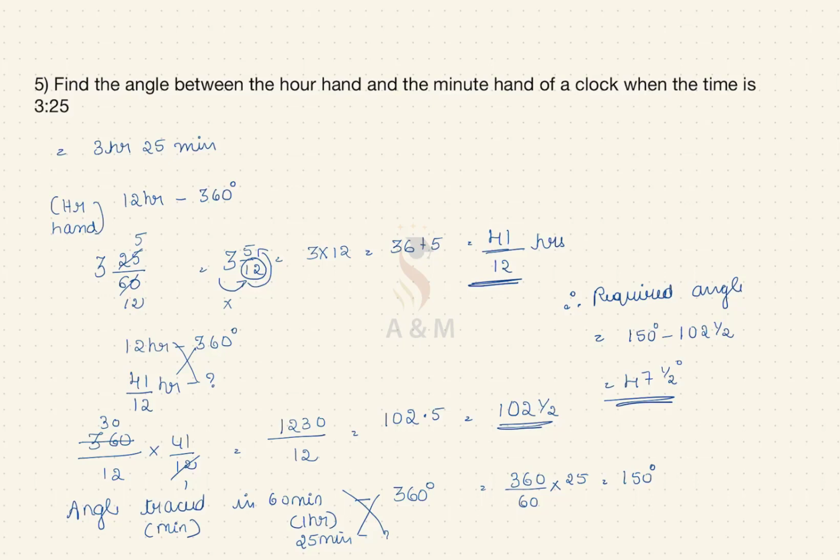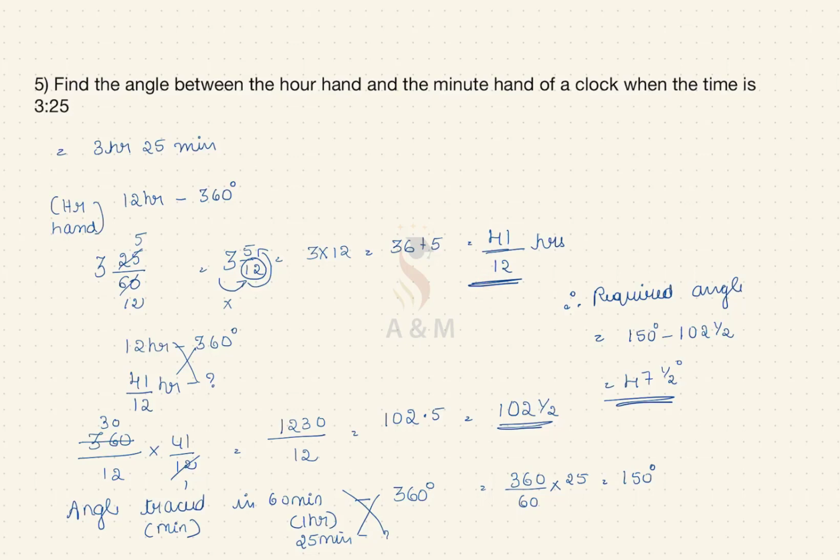So it moves forward, therefore here you consider 3 hours 25 minutes. You convert this to hours and you get 41 by 12 hours. For every 12 hours your hour hand makes 360 degrees, one circle. So for 41 by 12 hours, with cross multiplication you get 102 and a half.